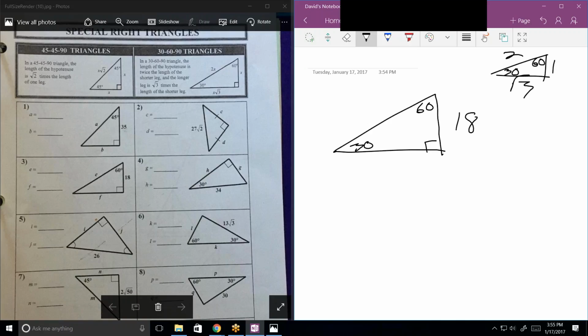What's the similarity ratio? 1 to 18. I'm not understanding you, Allie. Can you say it one more time? 1 to 18. Okay. Correct.